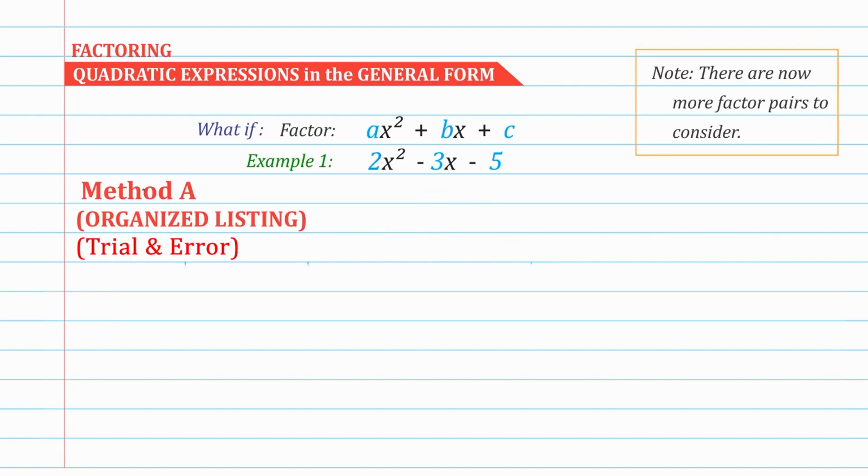What we did earlier is called organized listing. Now we can apply that very same concept even when dealing with quadratic expressions in the general form. What if the leading coefficient is not equal to 1 anymore? What we want to do, just like what we did earlier, is write all the factor pairs of the last term.